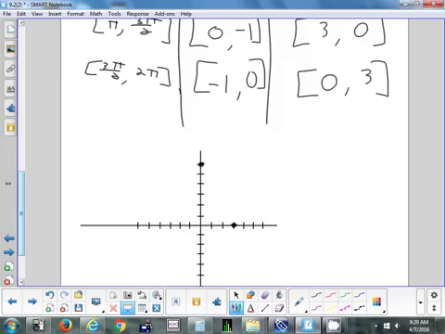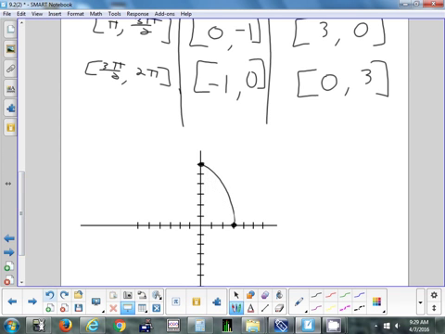Just connect it like that. And notice what's happening to your radius as you go from 0 to 90. It's increasing, getting longer and longer till finally it reaches its maximum radius of 6, all the way at 90.